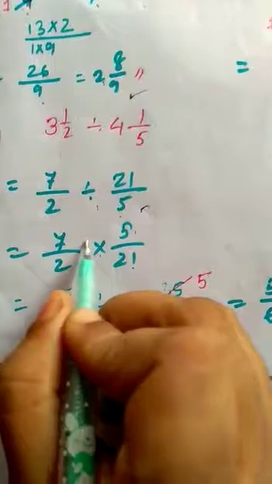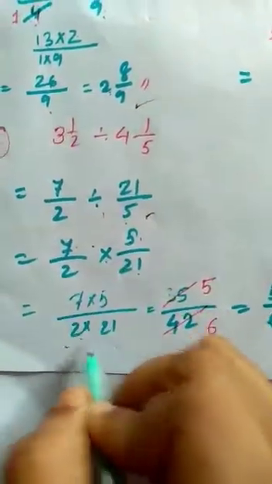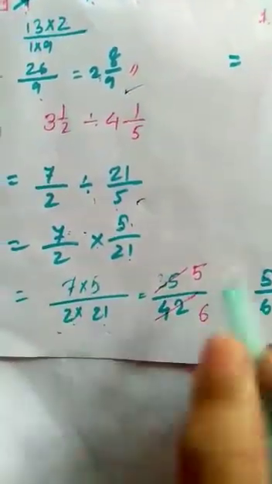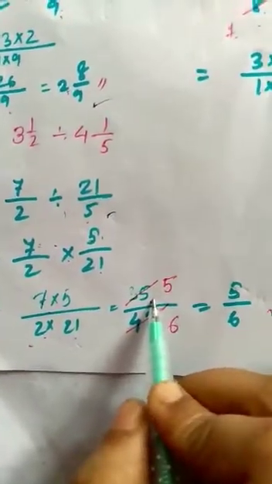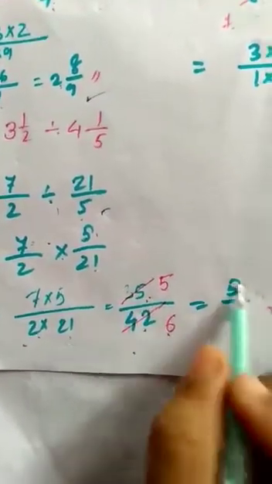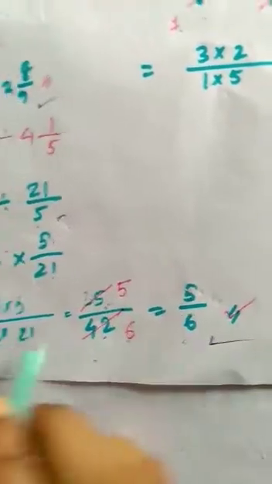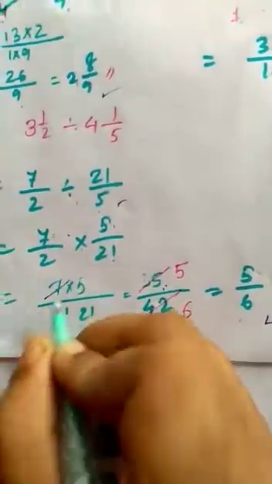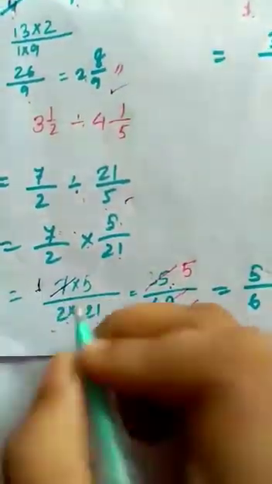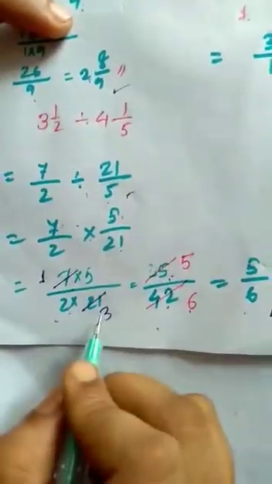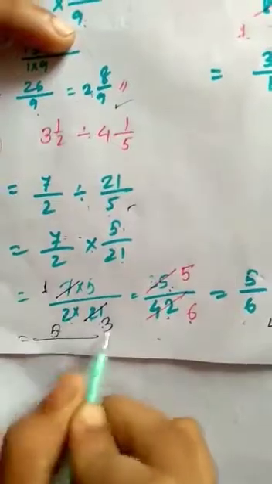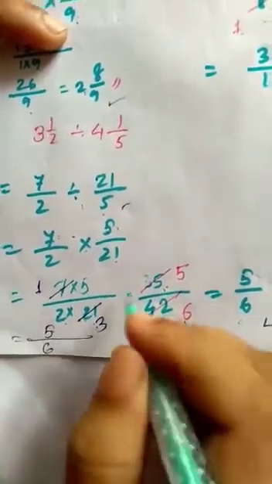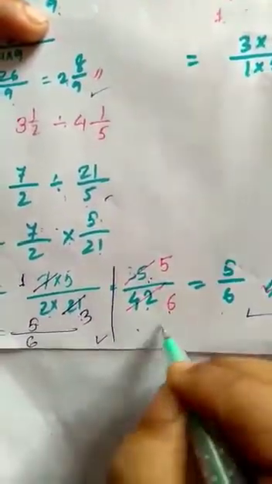If you multiply this way, 7 into 5 and 2 into 21 as the denominator, it will be 35 by 42, and 7 5 is 35, 7 6 is 42, so 5 by 6, this is the result. And this work you can also do here, 7 1 is 7, 7 3 is 21, so we can do it this way also. 5 by 2 3 is 6. Okay, this way also you can solve, or you can write it this way.